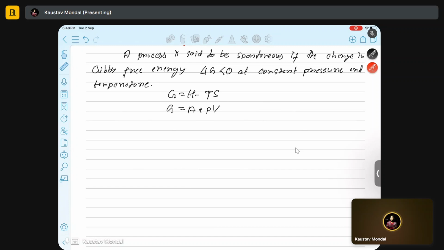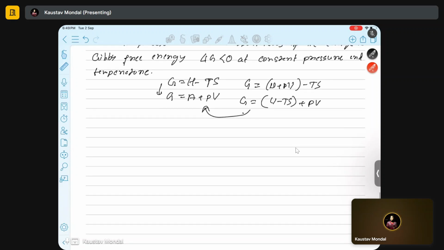How this is coming: you can write H equal to U plus PV. From there minus TS is there, so now G equal to U minus TS plus PV. U minus TS is nothing but A, because A equal to U minus TS.